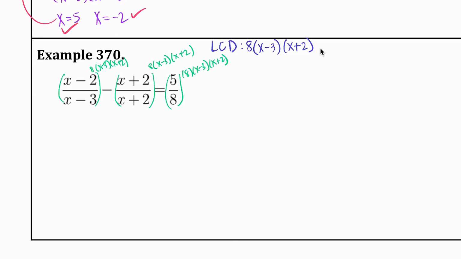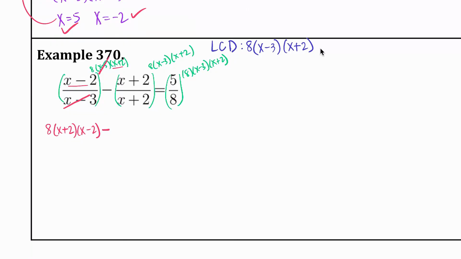Okay, let's see what cancels. This and this cancel. So I'm left with, I'm going to go ahead and write it out and then we'll do the multiplication. So I'm really left with 8. I still have that x plus 2 and I still have this x minus 2. Okay, our second one, we have a minus.